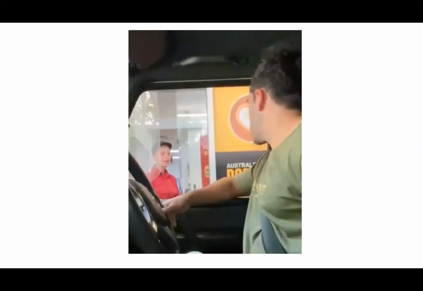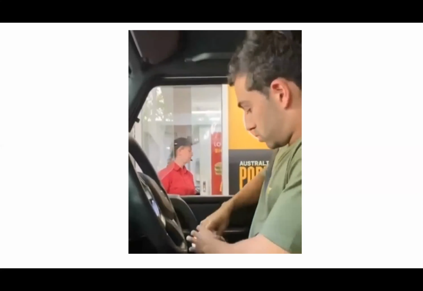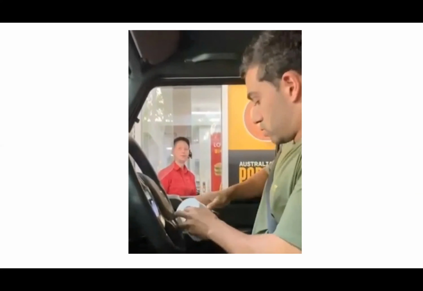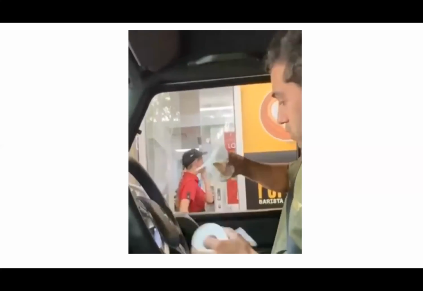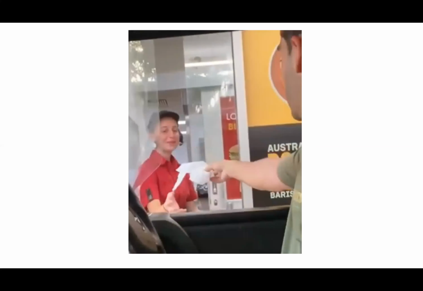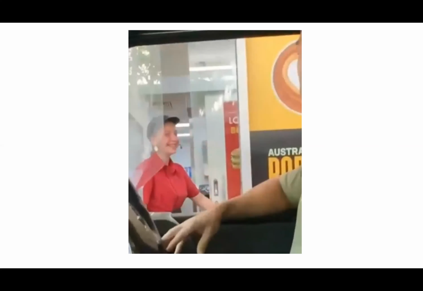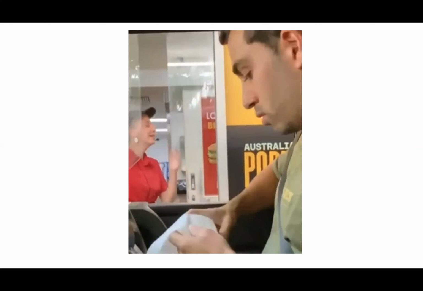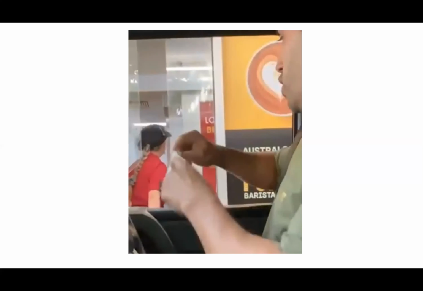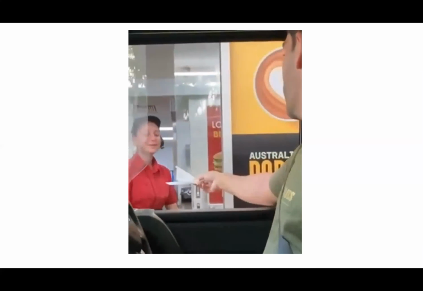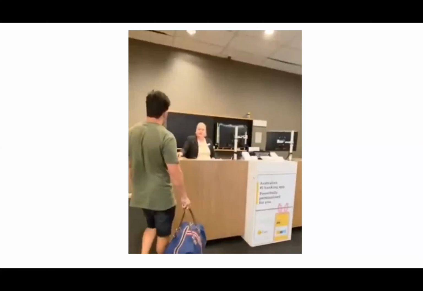Can I just get a cheeseburger meal with the water? How much was it? $7.05. $7.05. 1, 2, 3, 7. Thank you. Was I short? There's $1. Keep the change. I just had to make a deposit.